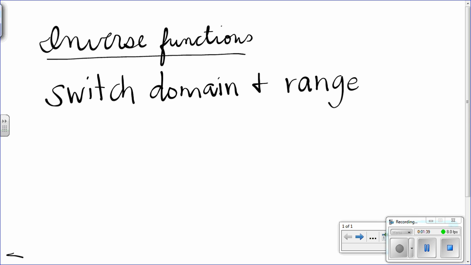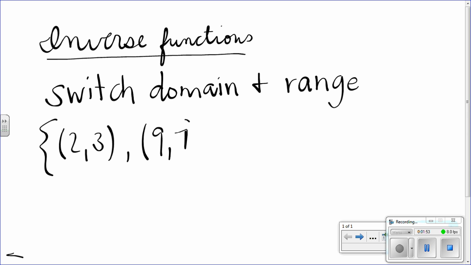Which one's domain? Domain's the x, the bottom. But we do have to restrict the domain, and the range is the y. So we just flipped it, like 3, 2.